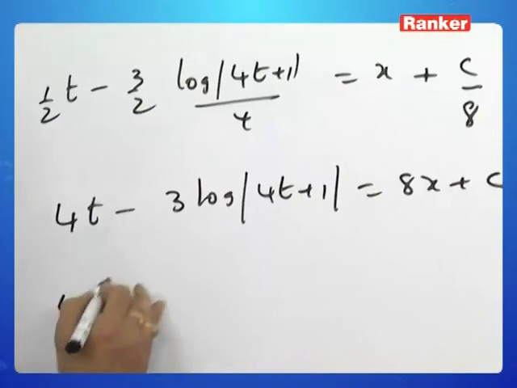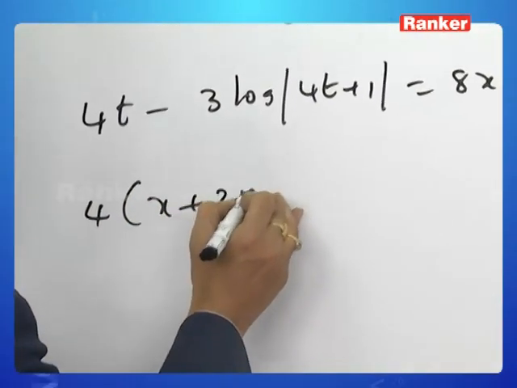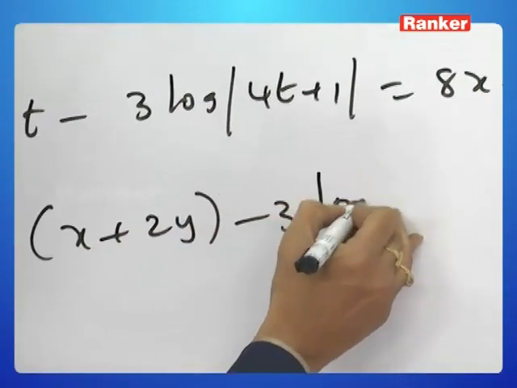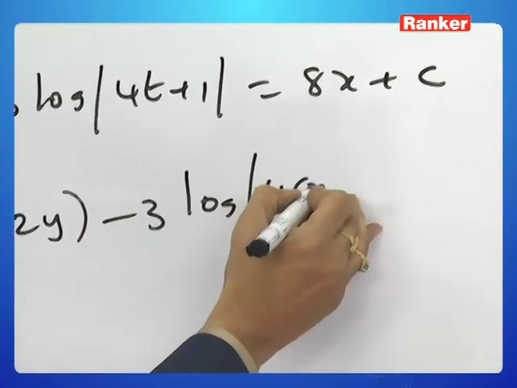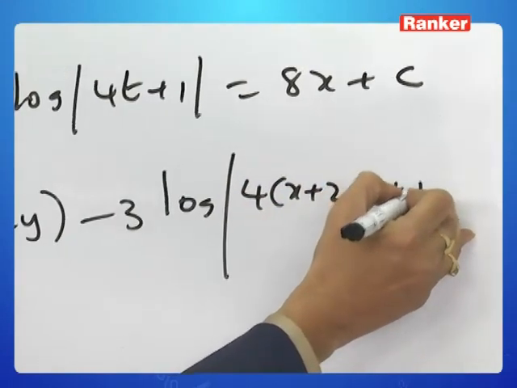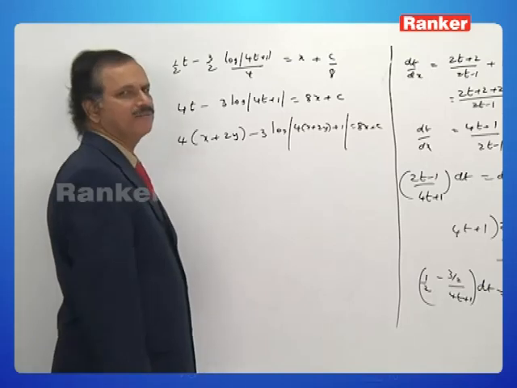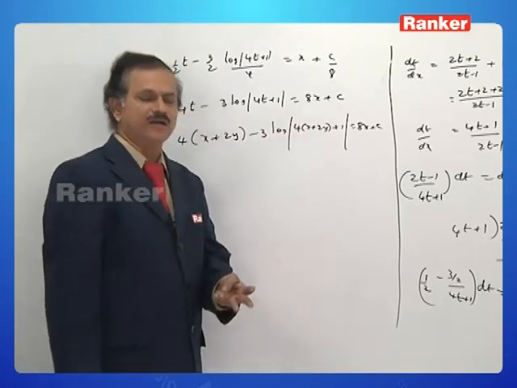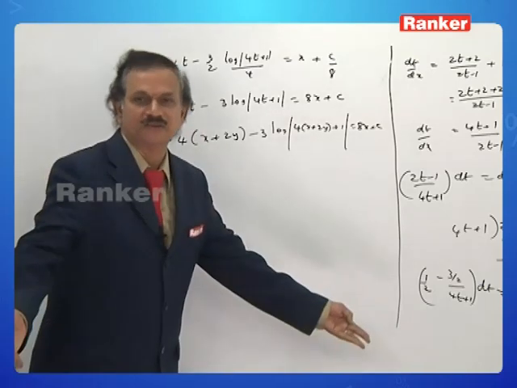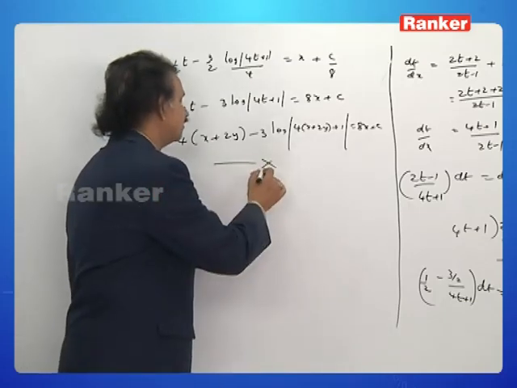So 4 into (x plus 2y) minus 3 into log of 4 into (x plus 2y) plus 1 is equal to 8x plus c, and the simplification can be done according to the convenience, according to the options, according to the necessity. I like to stop here itself.